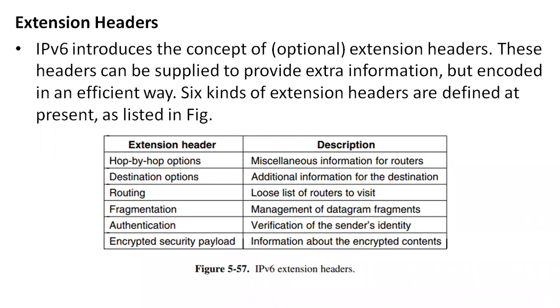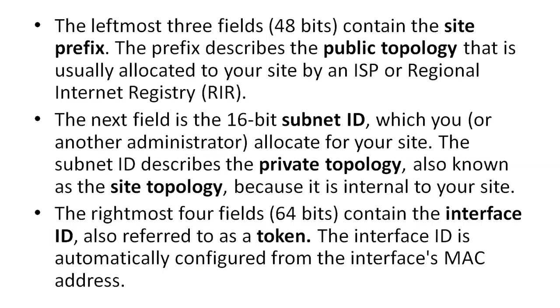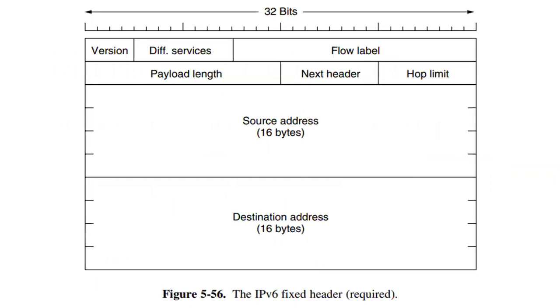We have 6 extensions: hop-by-hop options, destination options, routing, fragmentation, authentication, and encrypted security payload. All of these are extension fields for the header. We can use them for particular messages. Okay, so this is called IPv6 extension headers. So that's the end of IP version 6.